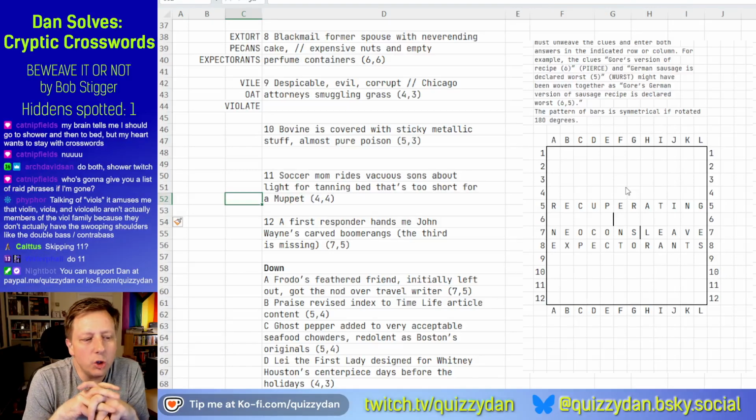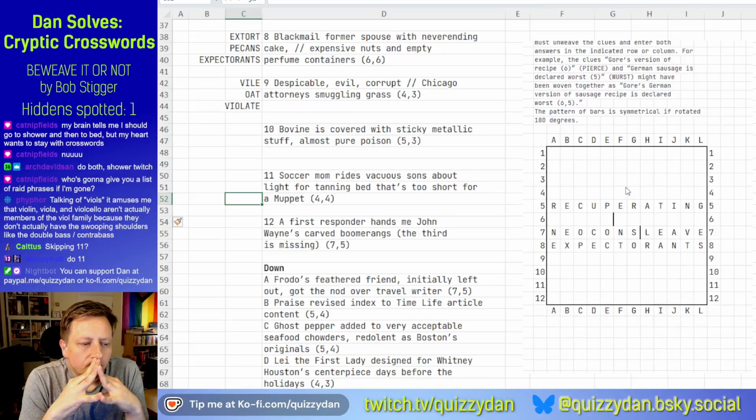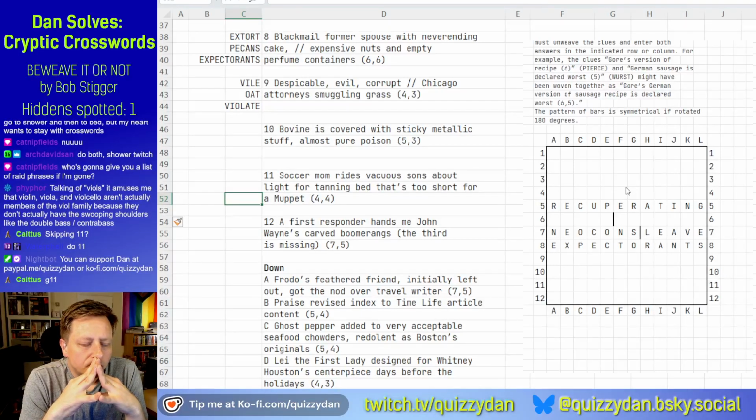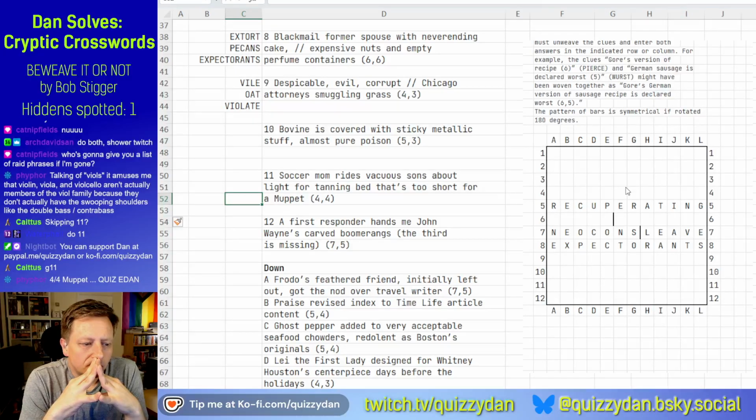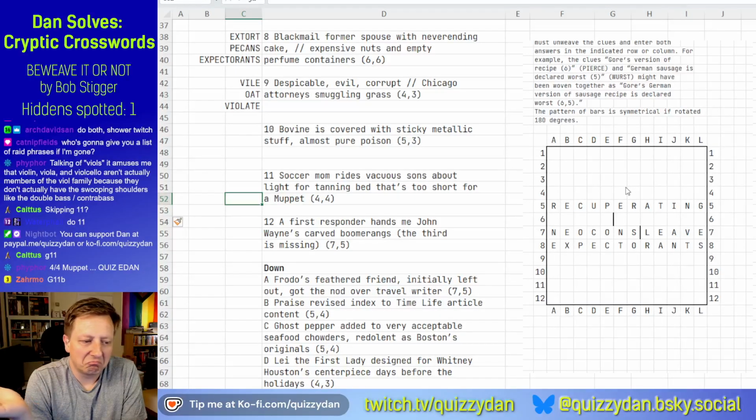Light for a tanning bed is UV. What's the word soccer doing? Vacuous, so we're going to take the middle out of something, so RS or SS.